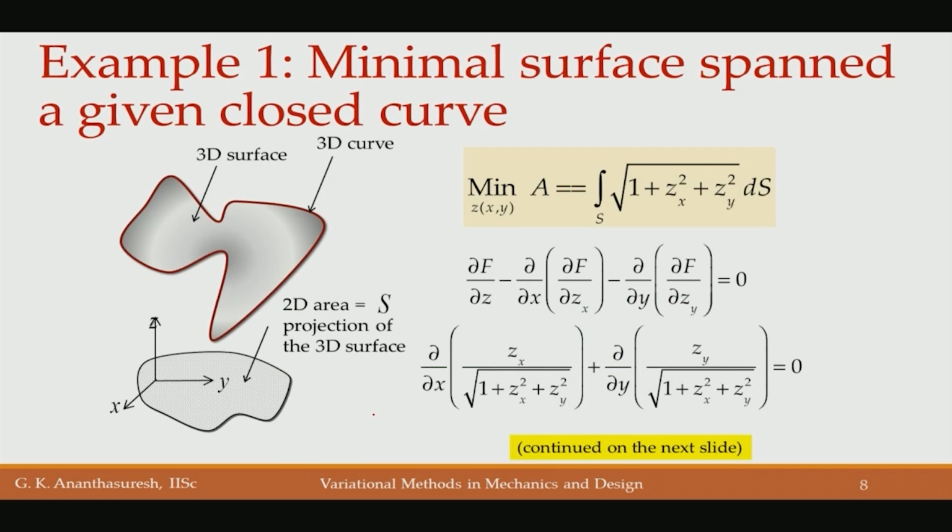Now, let us take an example that illustrates what we have just done, where the integrand should be a function of z, z sub x, z sub y. This is the problem that soap films solve naturally. If you take a loop of wire such as the one that is here, you should try this experiment at home.